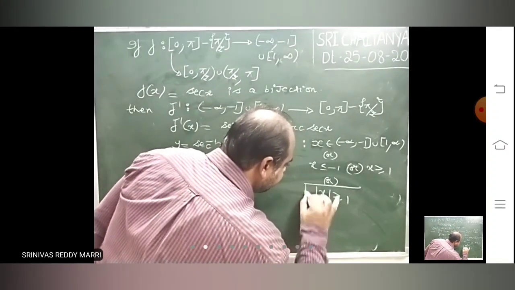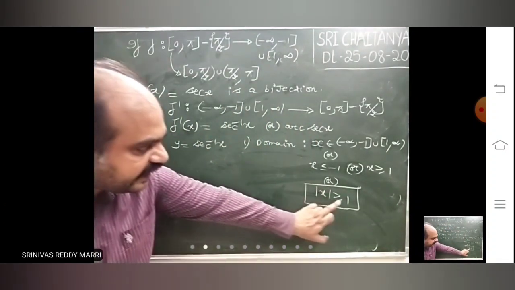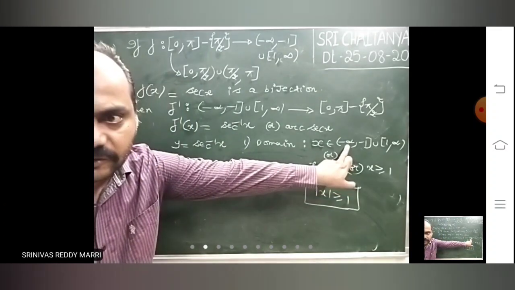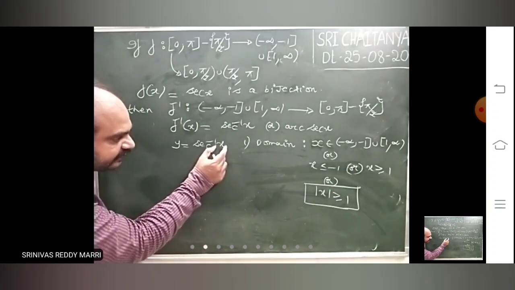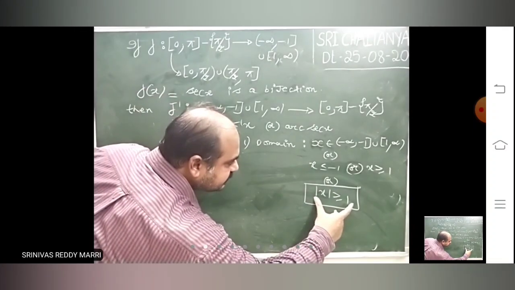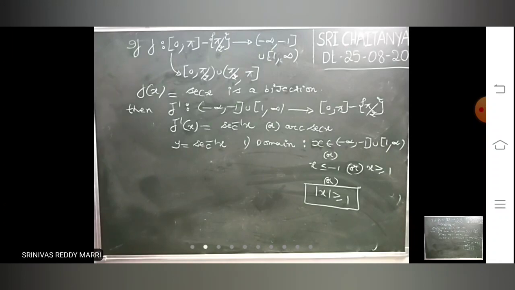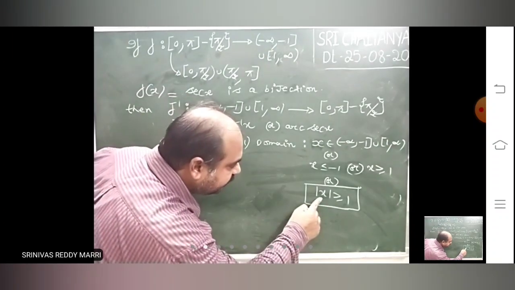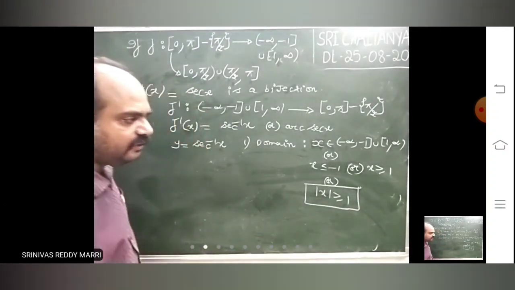This is the rule we will use while calculating the domain. This is the same; square on both sides and you will get this interval only. We will write inside secant inverse whatever it is, and write modulus of that greater than or equal to 1. That is the domain. You know how to solve this inequality. Square on both sides: x square greater than or equal to 1.